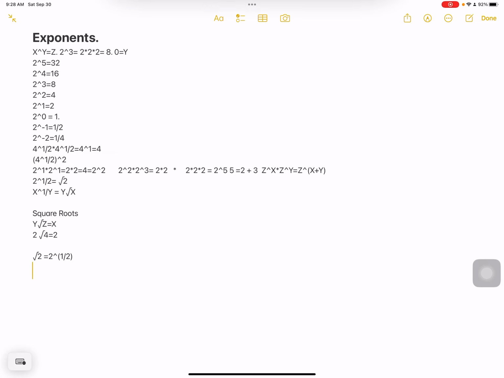So like 6 over 9, you can simplify that. 2 over 3 is the most simplified version. That's a rational expression. So square root 2 would be equal to 2 to the power 1/2.